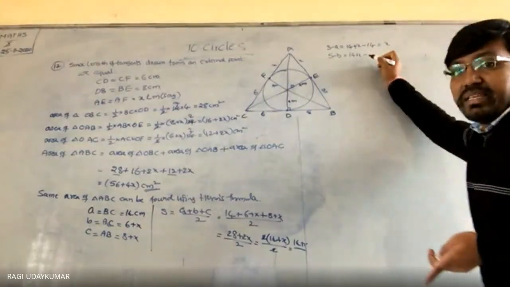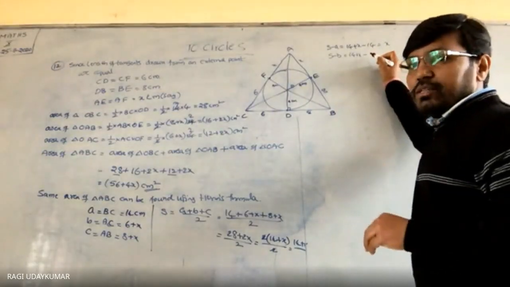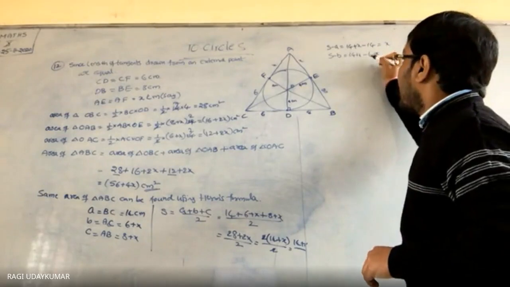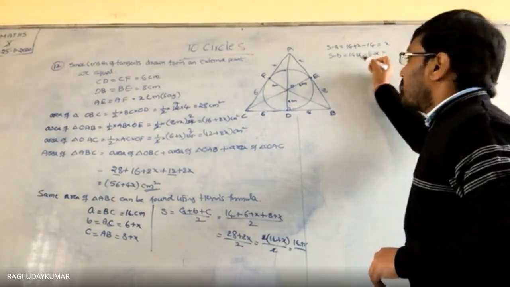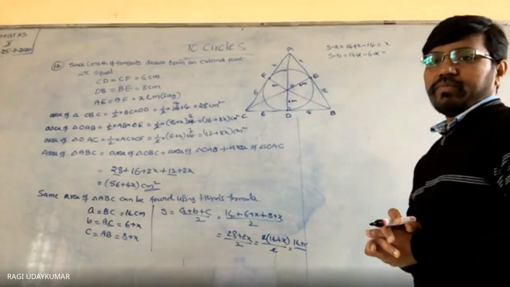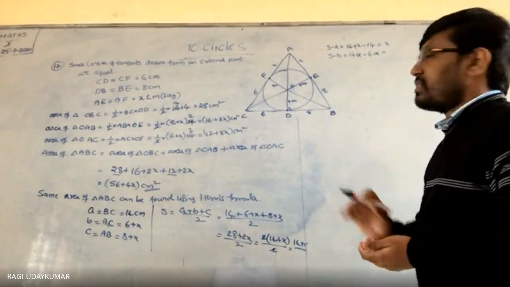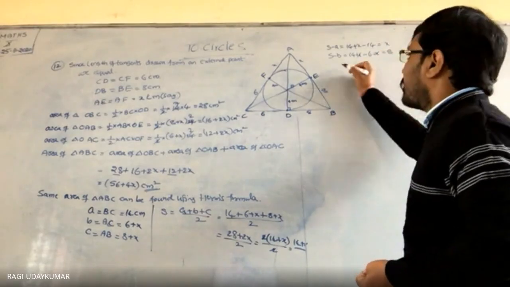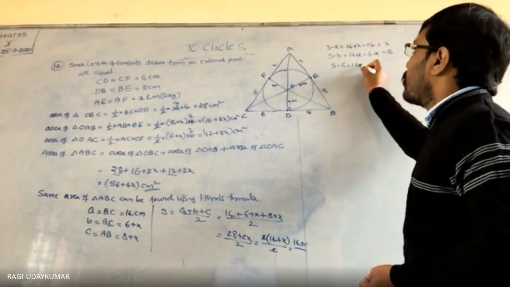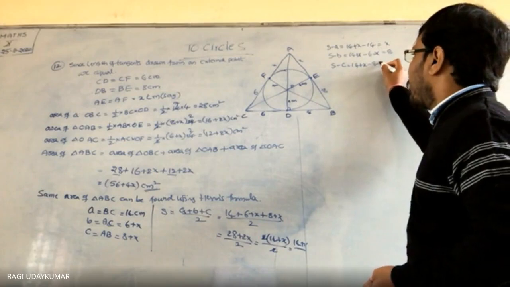But don't write 6 plus x directly, because it must be in brackets. So 14 plus x minus 6 minus x: x gets cancelled and 14 minus 6 is equal to 8. S minus c is equal to 14 plus x minus 8 minus x.